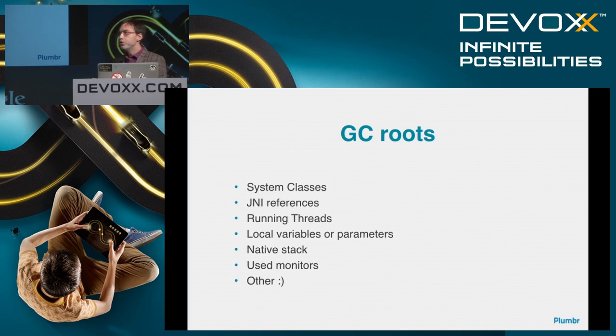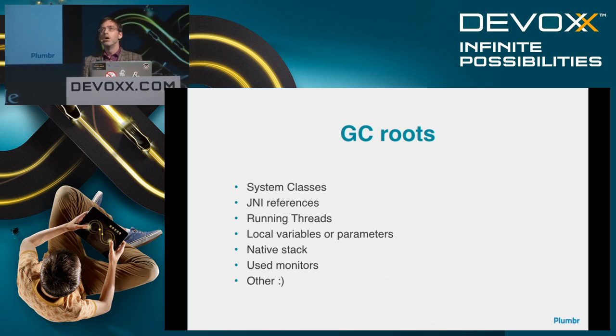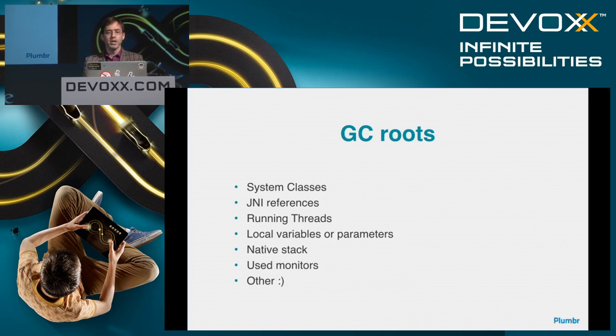And GC roots, there are some of them: system classes, those classes loaded by the bootstrap classloader, so classes from rt.jar. We have JNI references from native code back to your Java objects, either from your own Java agents written in C or from JVM-specific structures in native memory back to the heap.